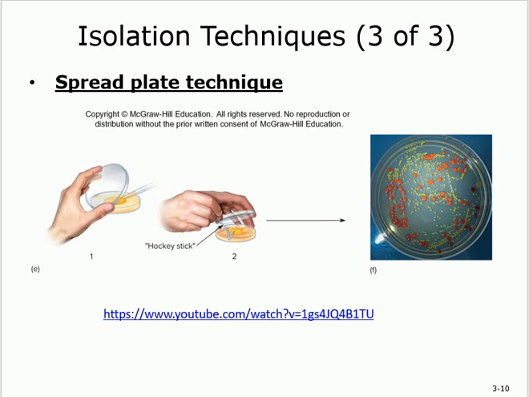And this is the sample. You're going to take the sample and use this, called the hockey head tool. Put in alcohol, sterilize, re-sterilize, and then you're going to spread using it just like this.